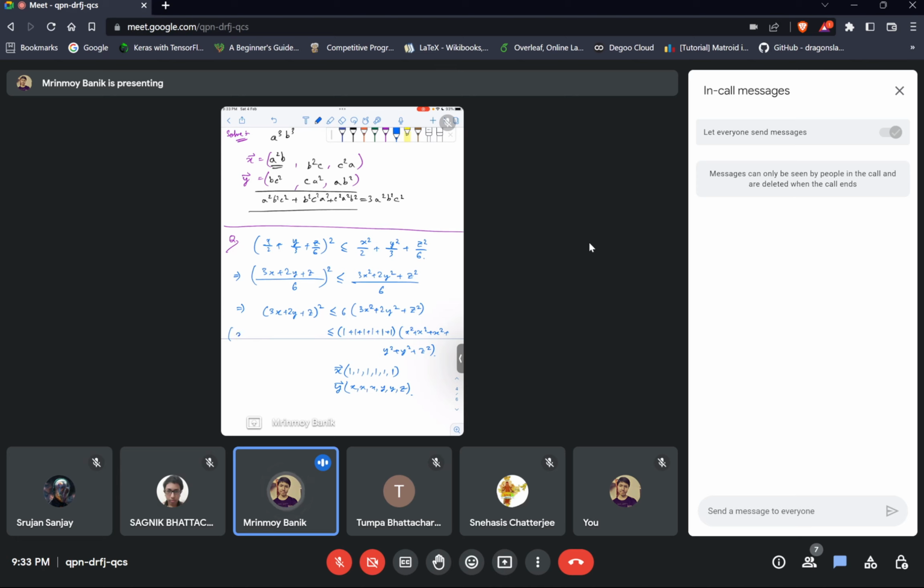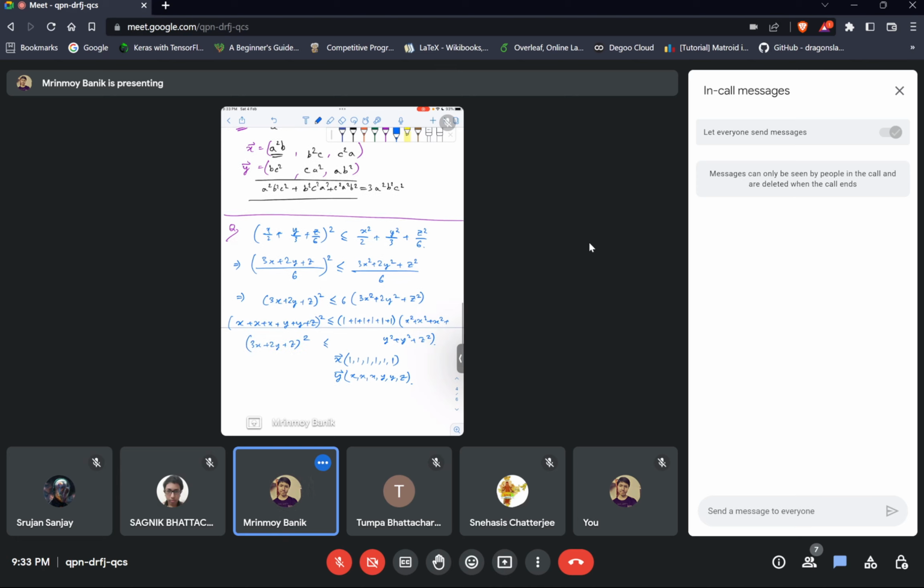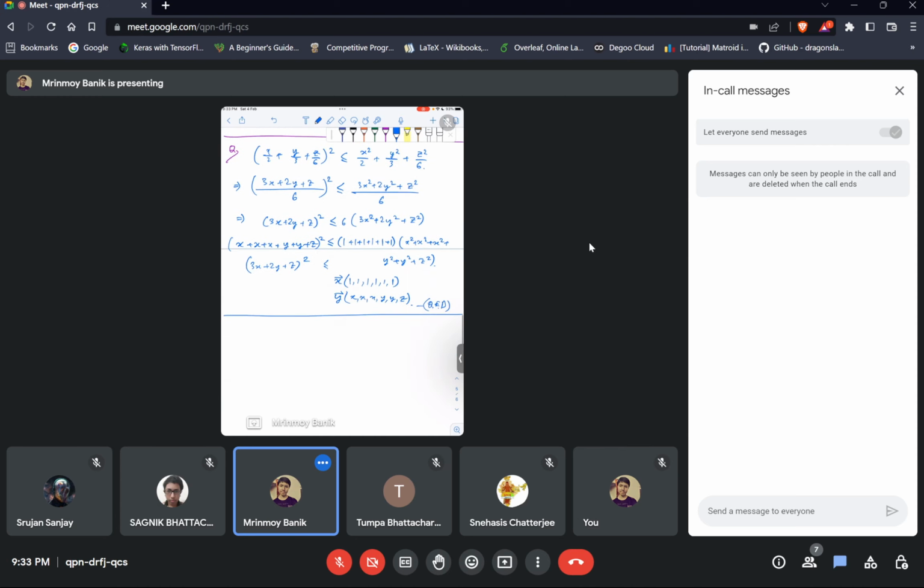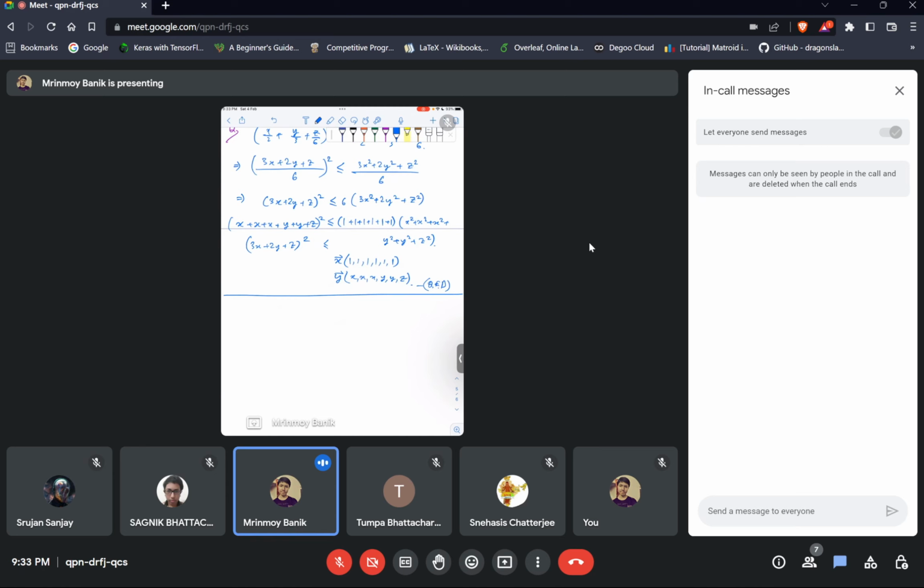So the dot product is x plus x plus x plus y plus y plus z, which is 3x plus 2y plus z whole squared. These are some easy examples, pretty straightforward.